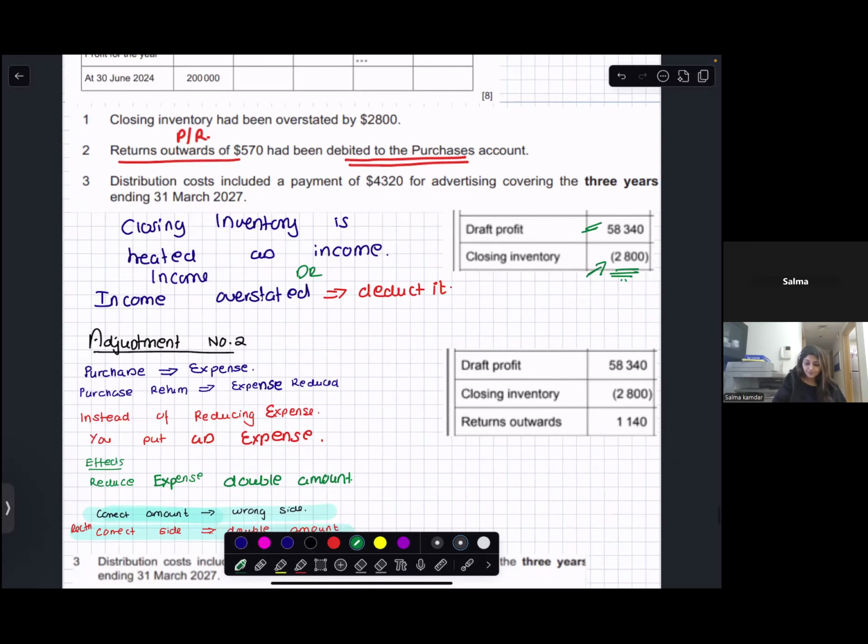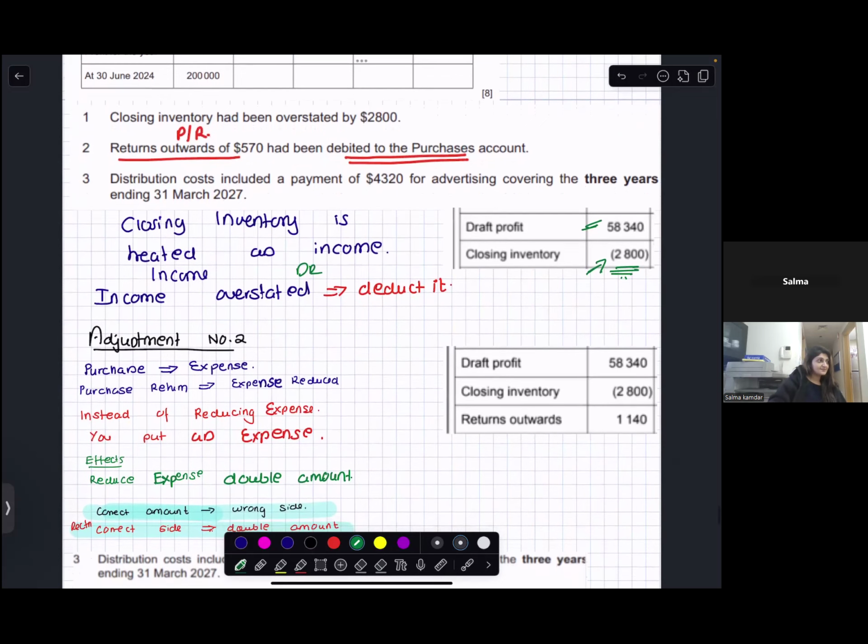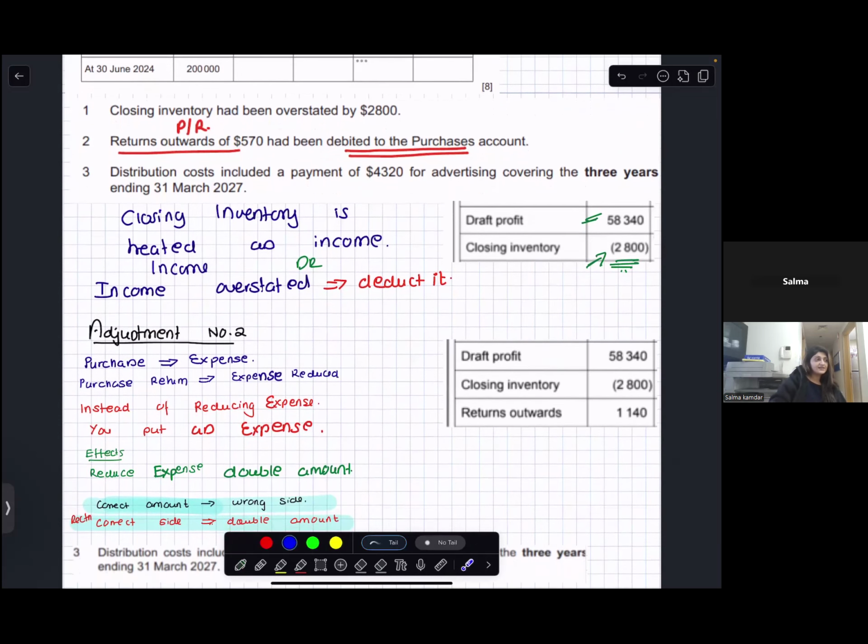Adjustment number 2, return outwards. What does return outward mean? Purchase return had been debited to purchase account. So the first effect of this is purchase. That means debit was more. If debit was more, what will I do?